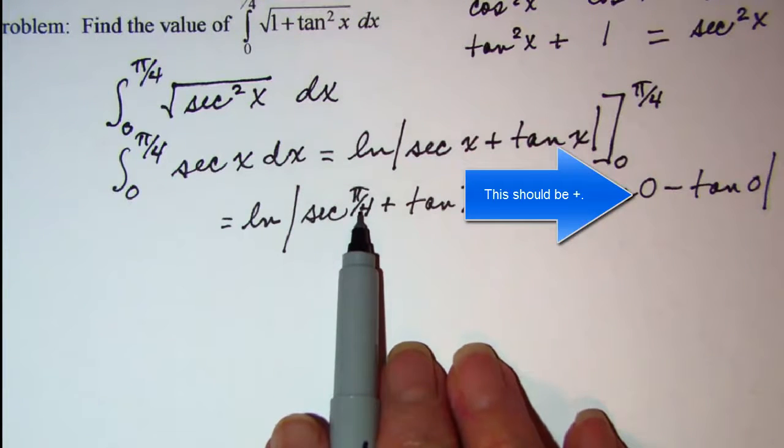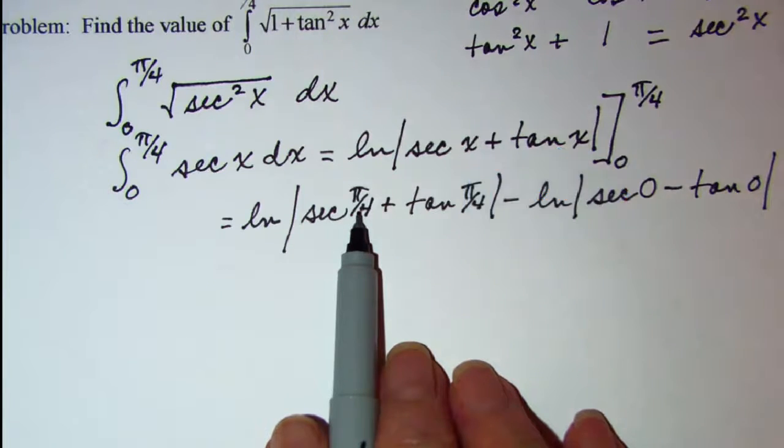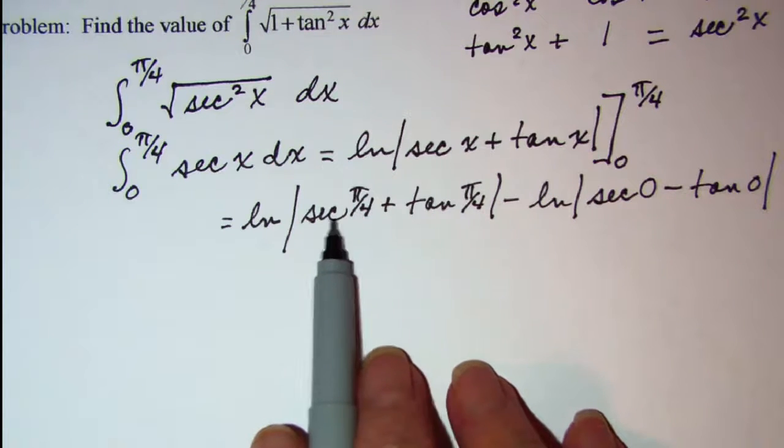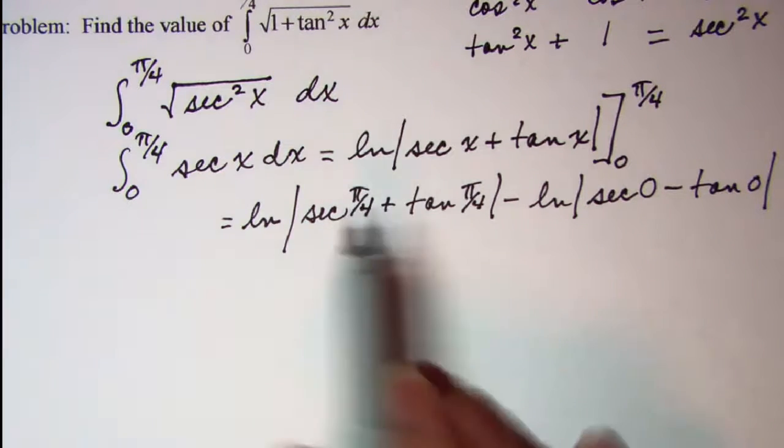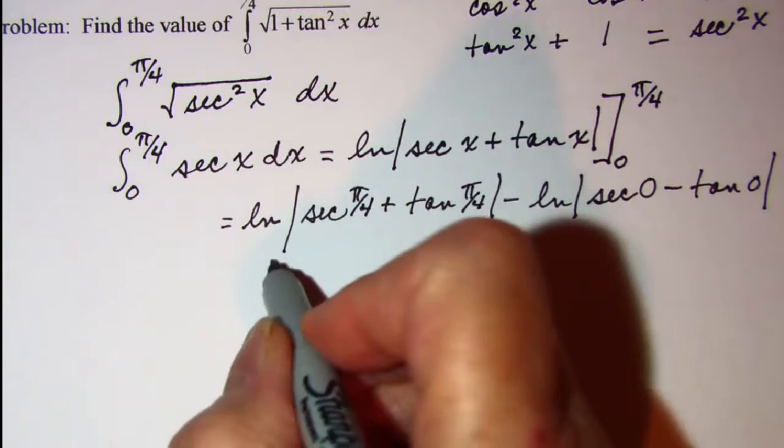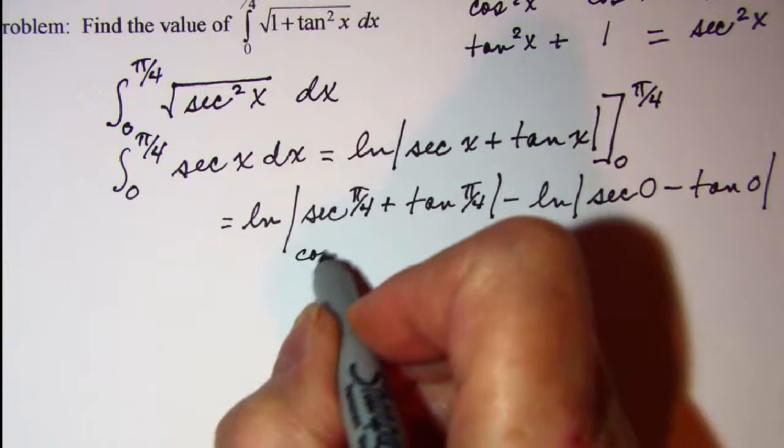Pi over 4 we know is 45 degrees. The cosine of 45 degrees is 1 over the square root of 2. So secant, which is the reciprocal of cosine, that'll just be square root of 2. Let me write that for you.